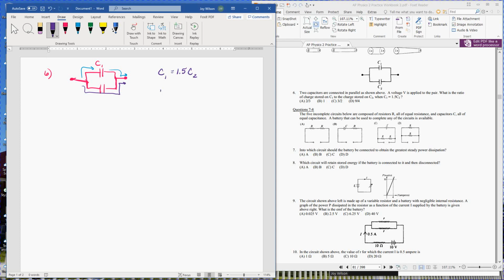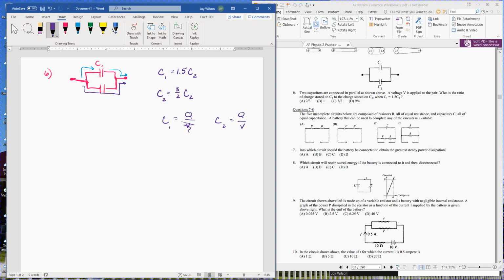So capacitance number 1 is 3/2 the capacitance of 2. So the question is, how much charge can we hold? Well, if they both get the same voltage, let's go back and look at what our formula is here. Capacitance equals Q over V. So here's 1 and here's 2.